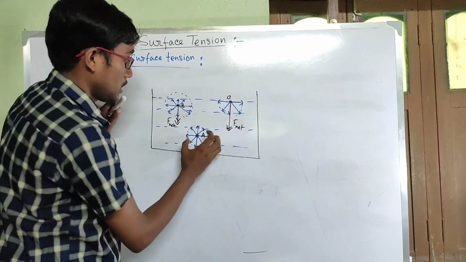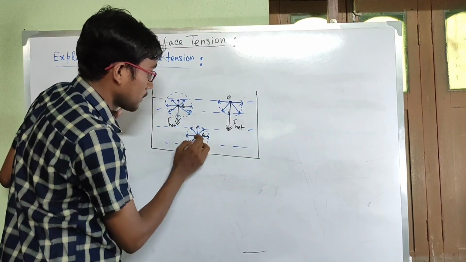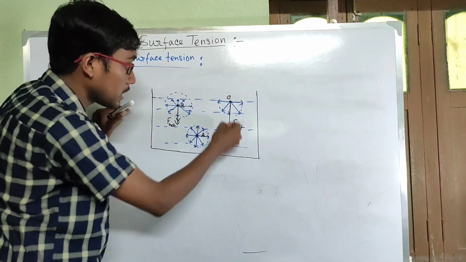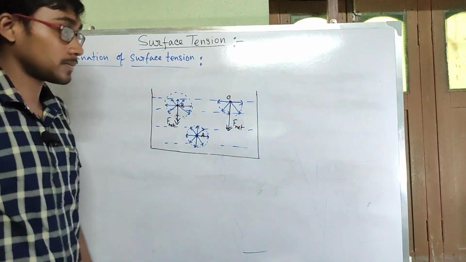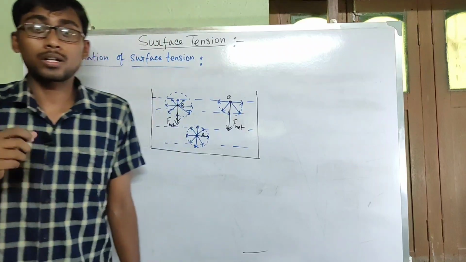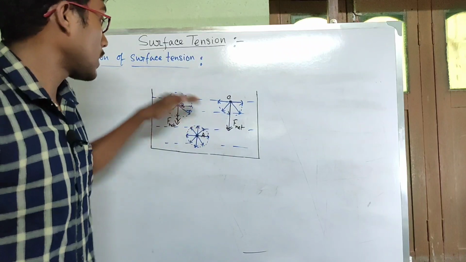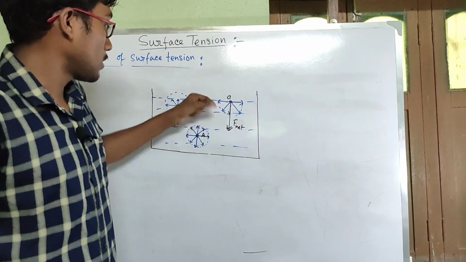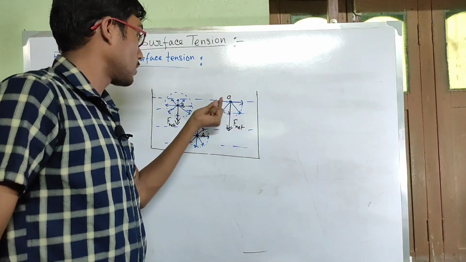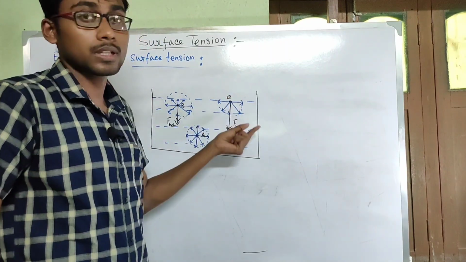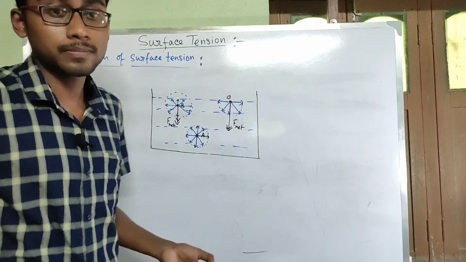So the molecules which rise to the surface have work done against this net resultant force, and this work is maximum for the molecules lying on the surface, because the net resultant force of attraction acting on surface molecules is maximum.